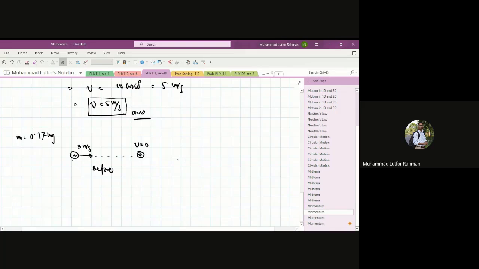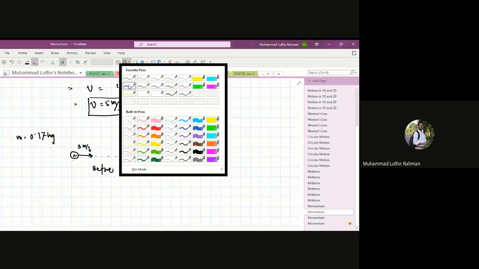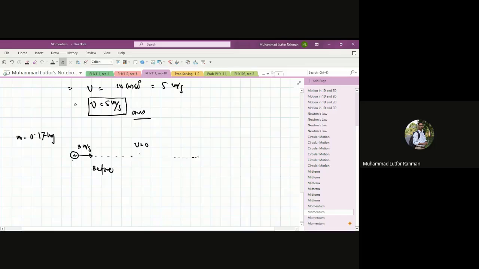After the impact, I can use different colors so that you can understand. This is your target ball. After the impact, your target ball moves in this direction, and your cue ball moves in that direction.